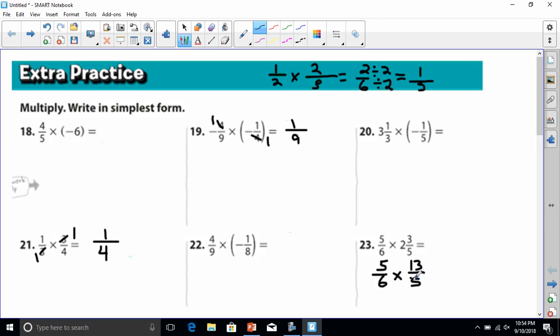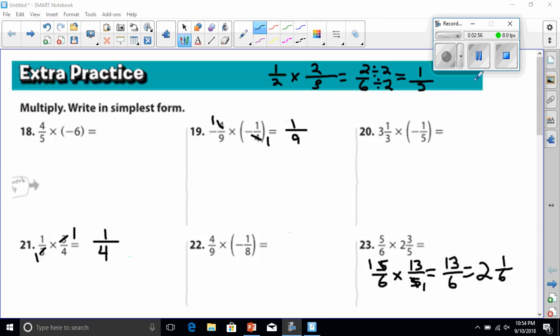But since I have a 5 on the bottom here and a 5 over here in the numerator, I turn them both to 1's, and that makes 13 over 6. How many times does 6 go into 13? Well, 2 times, leaving 1 left over, and my denominator is 6.